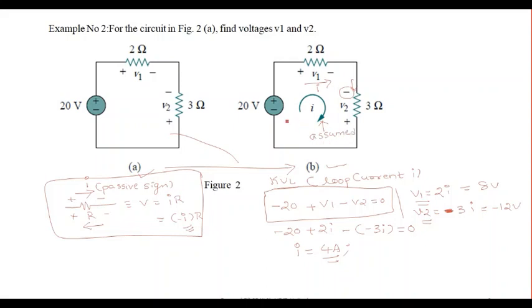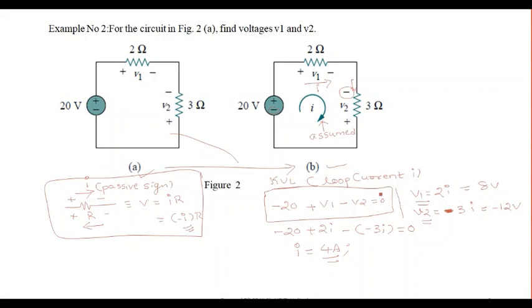In your basic electrical circuits, if you have studied voltage rise and voltage fall, don't keep those things in mind. Just look into the polarity, and look into the direction of the current. Is it going clockwise? So according to the clockwise way, this will be minus 20. Then here we have plus V1. Then again negative polarity is mentioned, so it is minus V2 equal to 0, right?